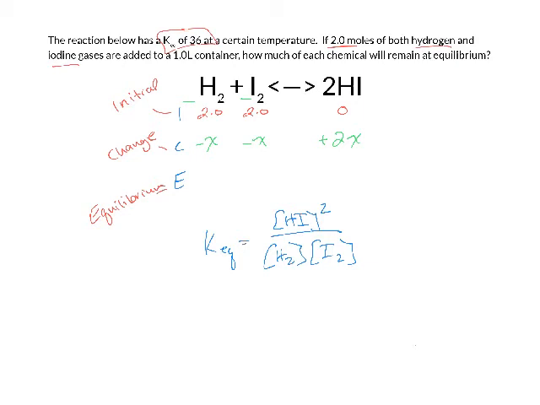So finally, at the end, at equilibrium, we can say 0 plus 2x is just 2x. And 2 minus x is 2 minus x in both cases.